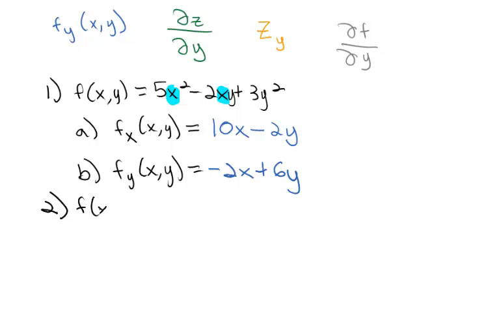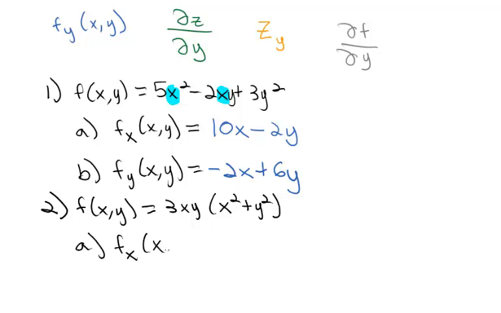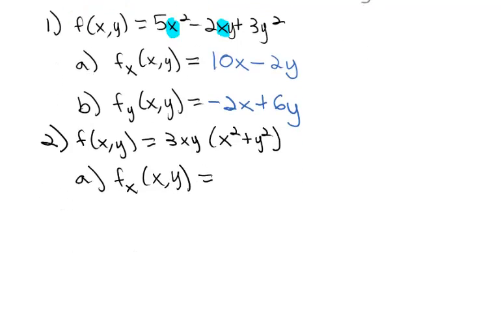Let's say f of x comma y is equal to 3xy times x squared plus y squared. And we're going to take the partial with respect to x. Notice we've got a product here.